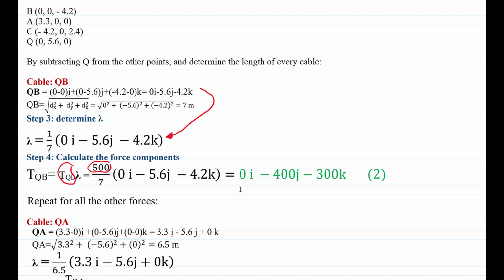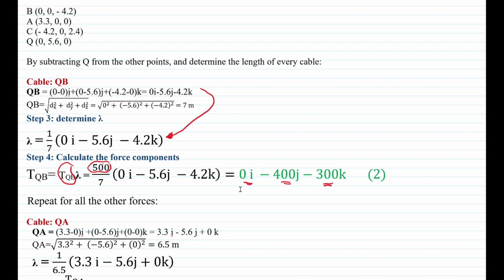So 500 over 7 multiplied by the vector. When we do this multiplication, you get the x component, the y component, and the z component of the force of the tension QB. So it means that I got the x component 0, minus 400, minus 300 for the tension QB.